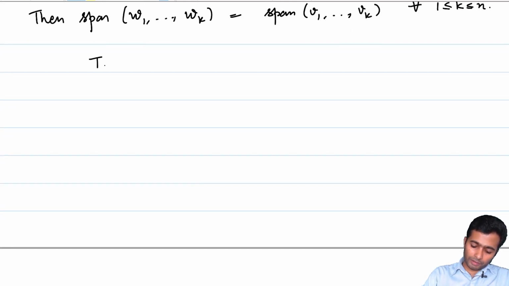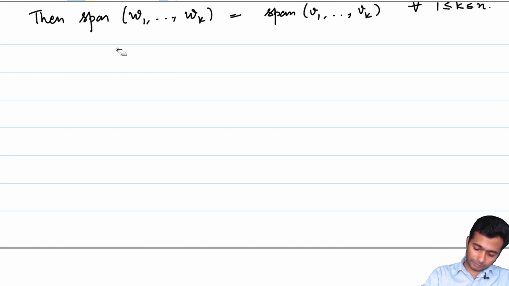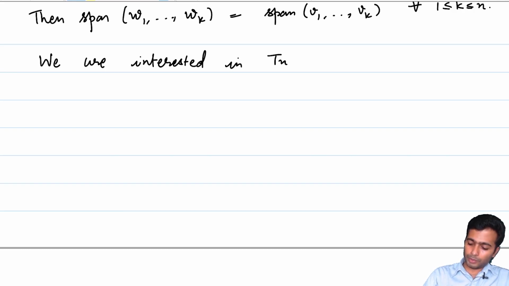So let's look at TWk now. We are interested in TWk for k from 1 to n, so that we can compute the matrix of T with respect to beta prime.